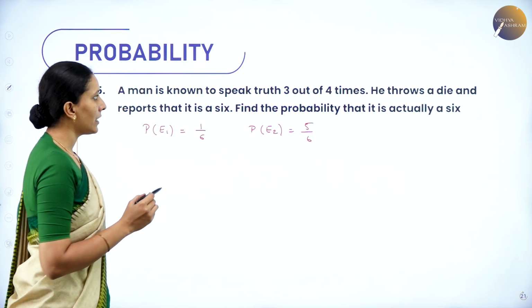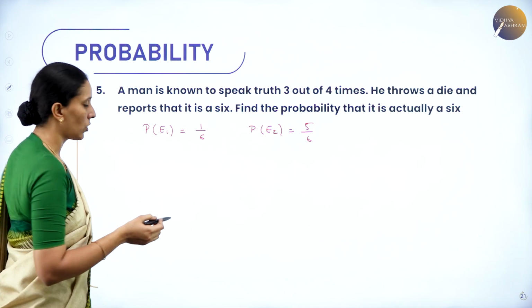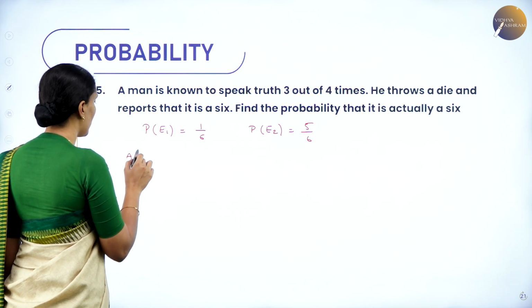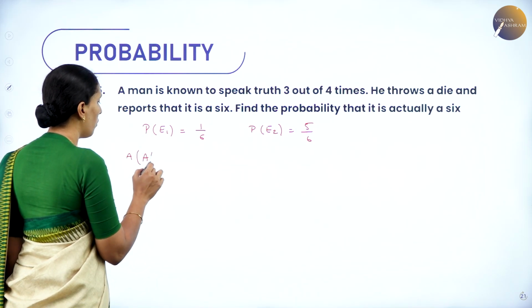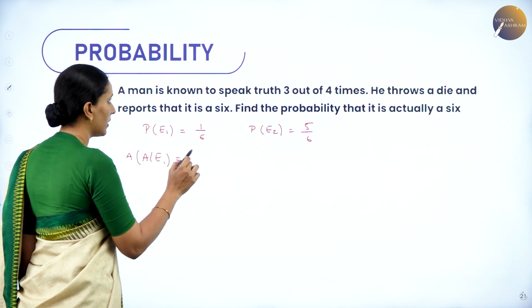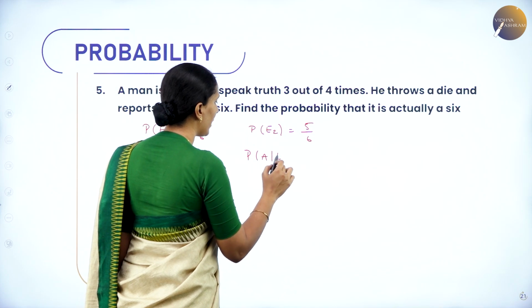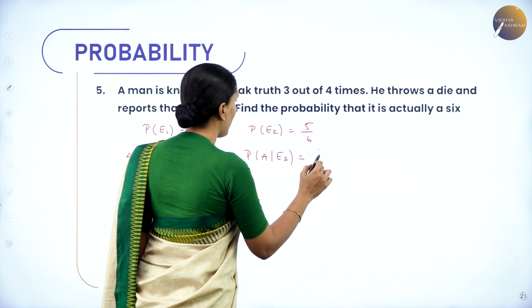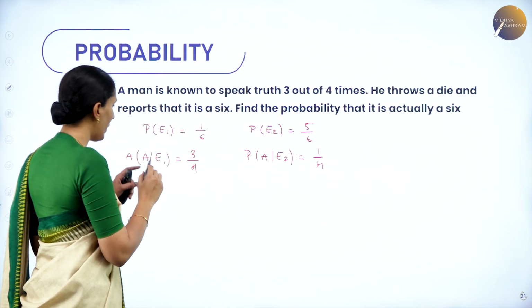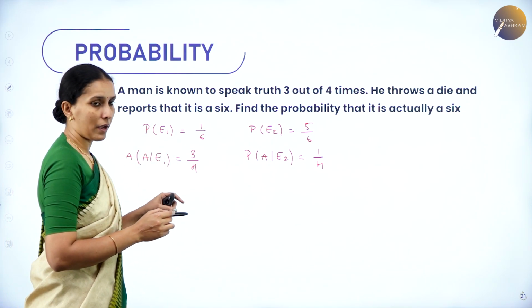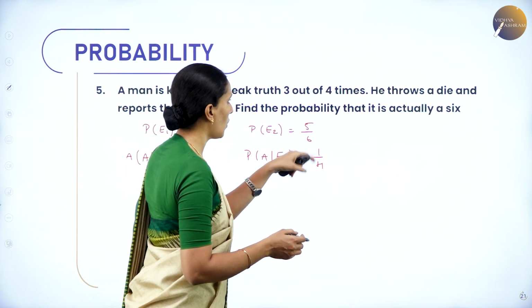Let A be the event that he speaks the truth. Then the probability of A given E1 is 3 by 4 and the probability of A given E2 is 1 by 4. So when it is actually 6, it is 3 by 4. When it is not 6, it is 1 by 4.